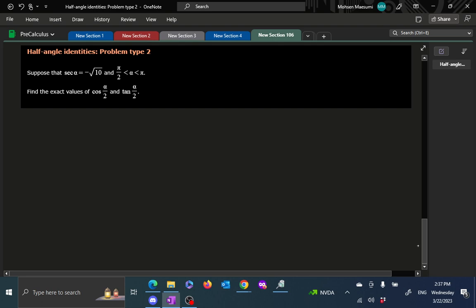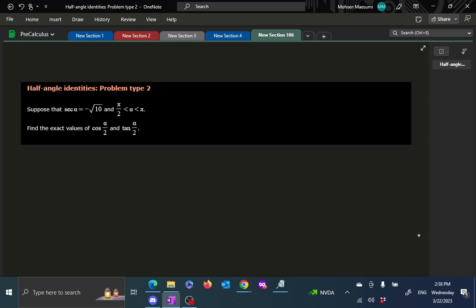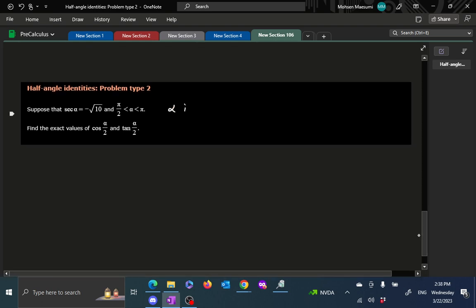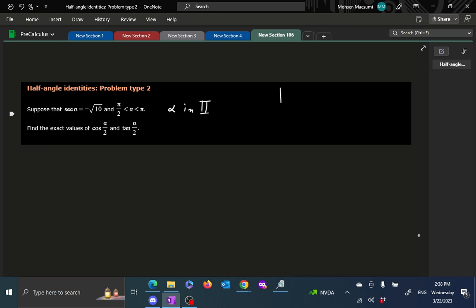So one more of these things if you needed one more. Alpha is in the second quadrant. So we have a picture like this. We are in the second quadrant again.